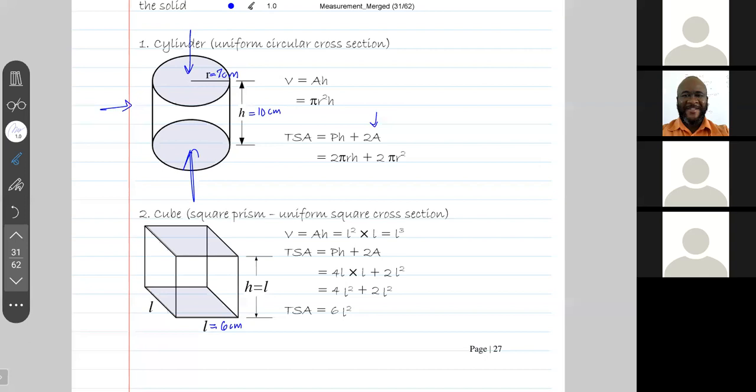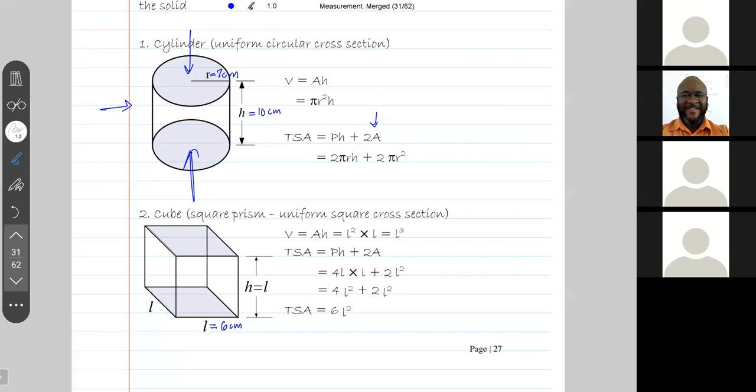Kezia, I see you raise your hand. You have a question? I was asking, sir, for the cylinder, the part in the middle, would it be the same as the sector with the 2 straight sides as the radius and the curved side as the length? No, it's not a sector.